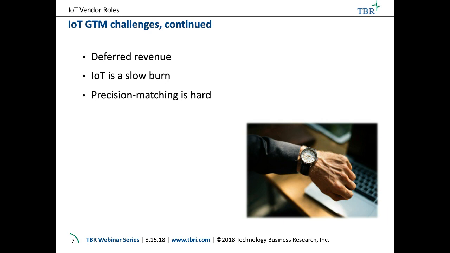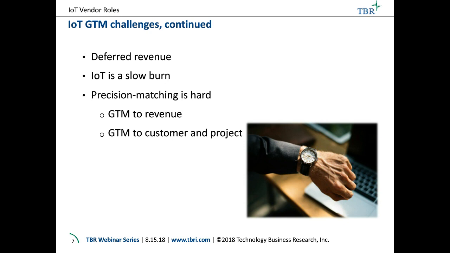Precision matching is hard, and this relates to the fact that IoT is not one thing, it is not one market, it's a bunch of individual solutions that fit certain parameters, and matching your GTM to the situation is a challenge. So, you don't want to size the GTM so that it's much larger than the potential future revenue of the project. GTM has to fit what the customer wants and what the project is about.